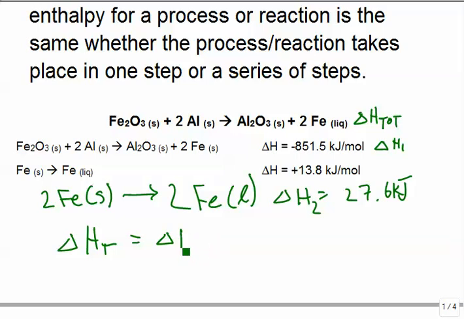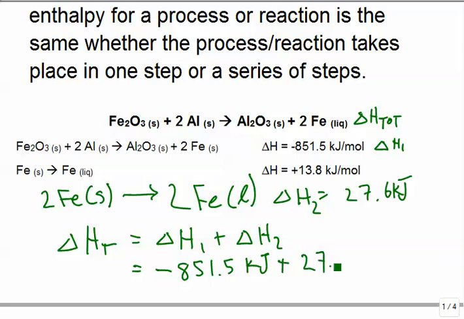So this equals delta H1 plus delta H2. The total enthalpy change here will be delta H1, negative 851.5 kilojoules for 1 mole of ferric oxide reacting, plus this 27.6 kilojoules for our enthalpy change of melting 2 moles of iron.